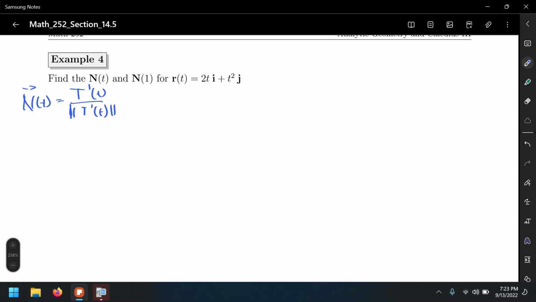So let's start by finding the tangential first and then differentiating it. To get the tangential, we need r prime, because T is the derivative of the vector valued function divided by its magnitude.